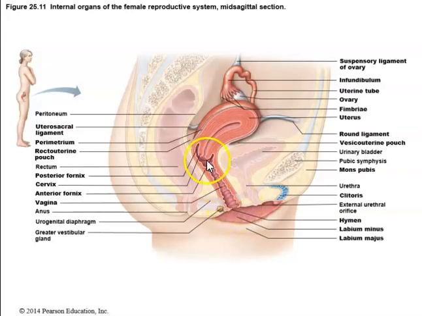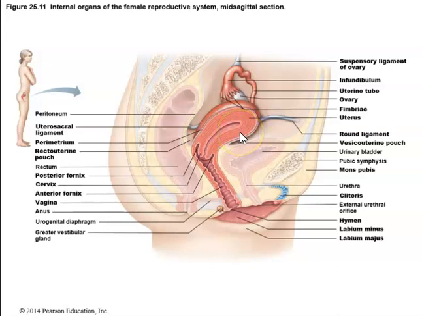Here is the vaginal canal or vagina, and then we see the cervix here, the lower third of the uterus. The external os is that first inferior opening of the cervix. Then we have the cervical canal and the internal os. Then we see the actual body of the uterus, and we'll get into parts of the uterus as well as layers.